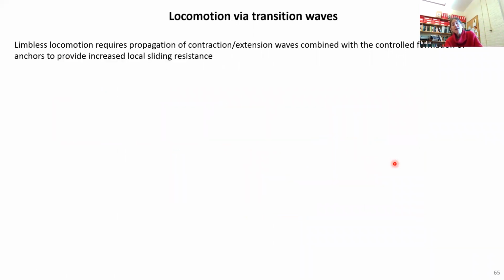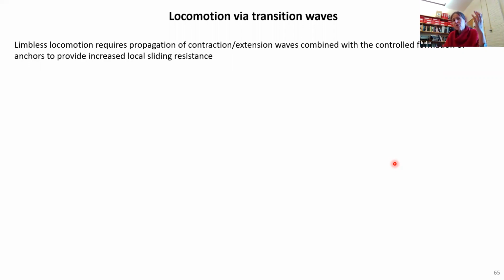And then the question here is, okay, now we have a system that supports the propagation of these transition waves, good. So can we somehow exploit them, harness them to achieve locomotion? And here the inspiration comes from the limbless locomotion of snakes.